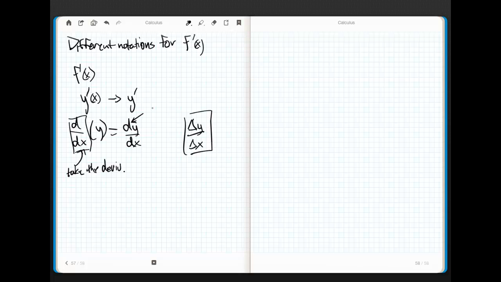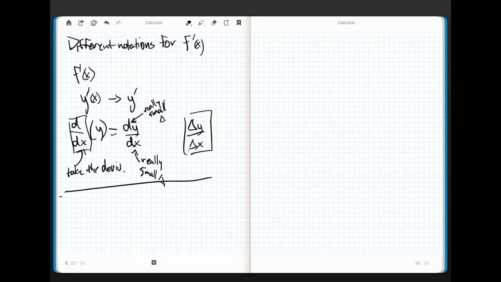Now, what these mean are really small change, as opposed to who cares, just any change. All right, remember, teeny tiny, when we take the limit, we're talking about really small change. Now this Leibniz notation is going to pop up again and again.